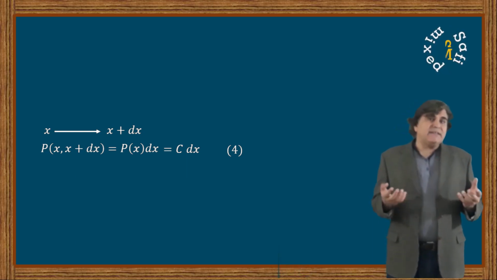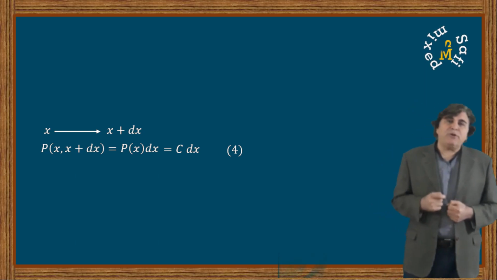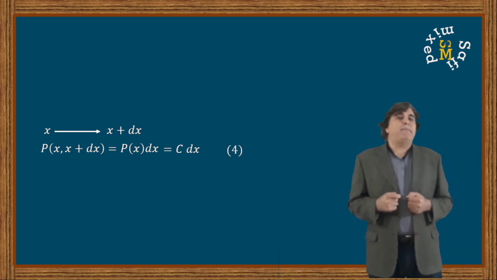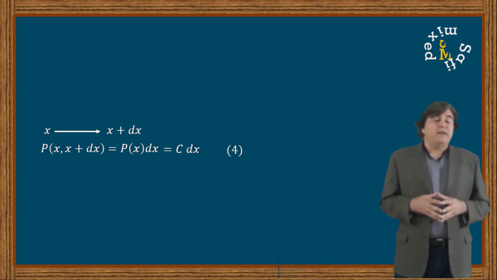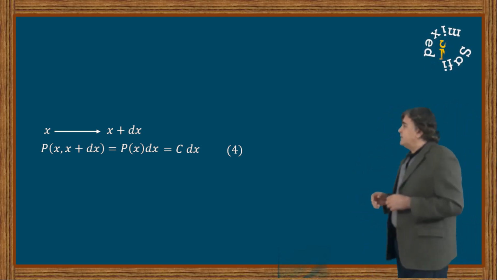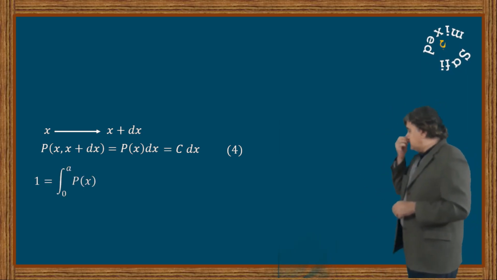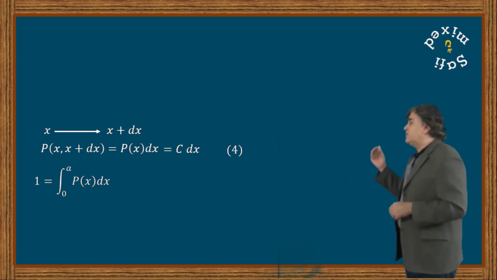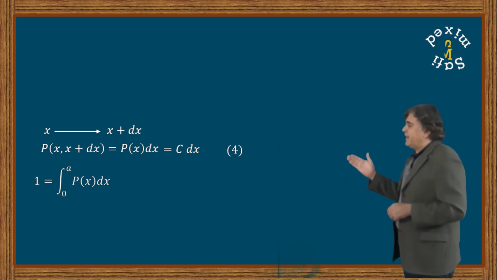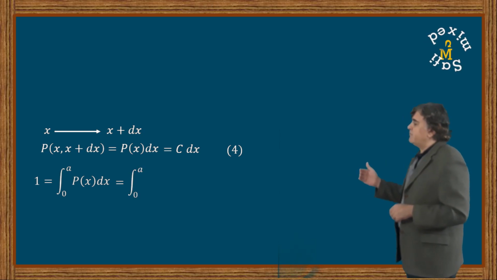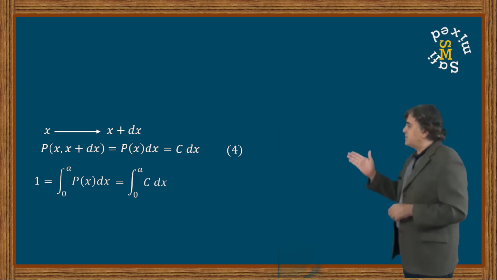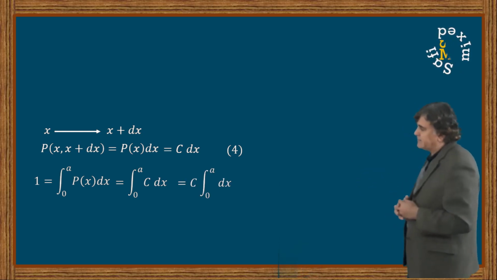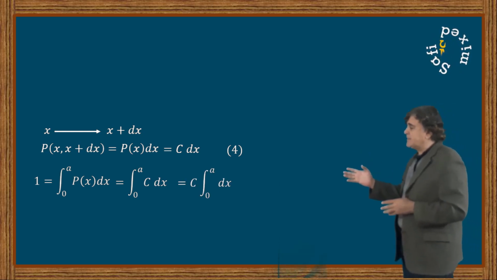Now, from the normalization condition of probability, the total probability of finding the particle over the width of the well must be equal to 1. Therefore, we can write 1 equals the integral from 0 to a of P(x) dx, and substituting the value of P(x), which is C, I can write it as the integral from 0 to a of C dx, and taking C out of the integral, the integral from 0 to a of dx.